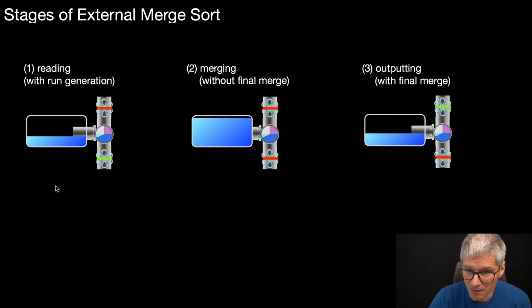Then you close that valve. Then we are in this situation: we have all data available, already organized in runs. And then in the second step you start merging until there's only one merge left, the final merge. So you sort and merge until you're ready to produce the sorted elements. Only in this third phase, when you really need to output the sorted stream of data, do you run this final merge in external merge sort. That's how you can split that into 3 phases.